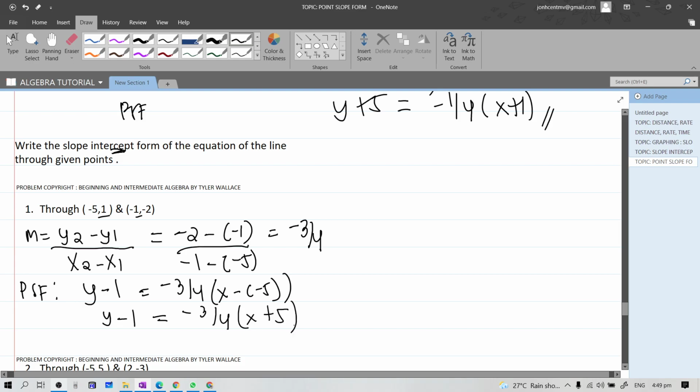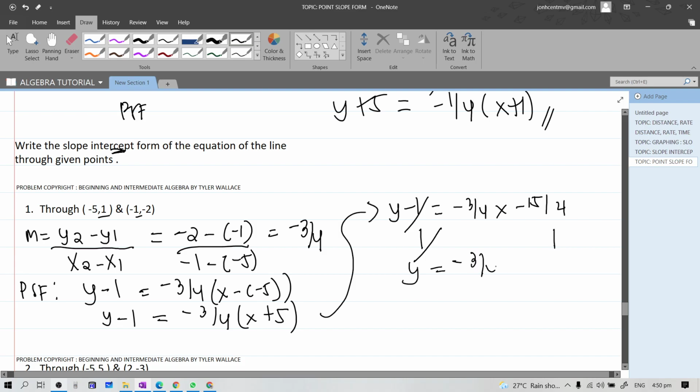Then, distributive property: we have negative 15/4. Then add positive 1 to make it slope intercept. y is equals to negative 3/4 x minus 11/4. So, this is the answer.